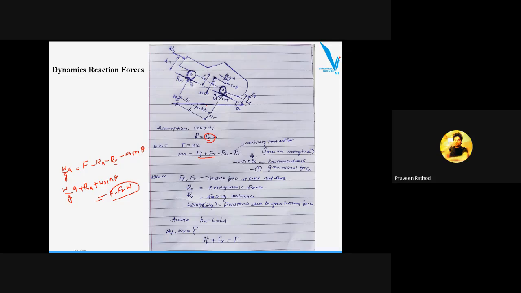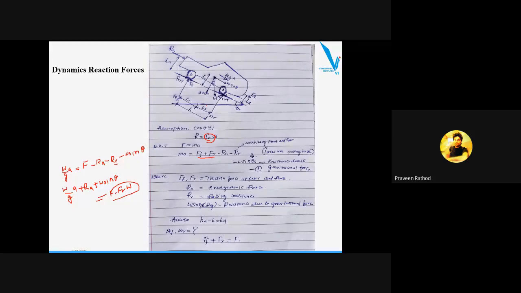So you will get only very simple equations whenever the vehicle is moving on a flat road. What is the equation we will get? I'll let you know what equations I'll get.